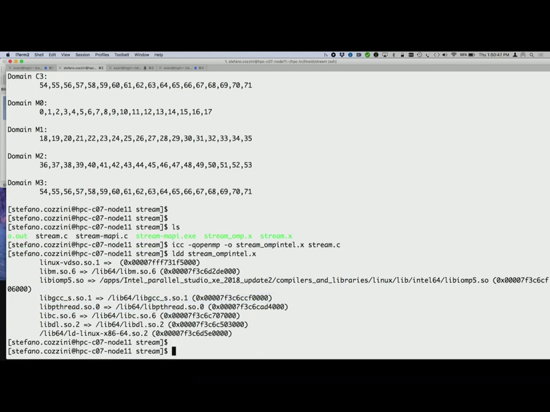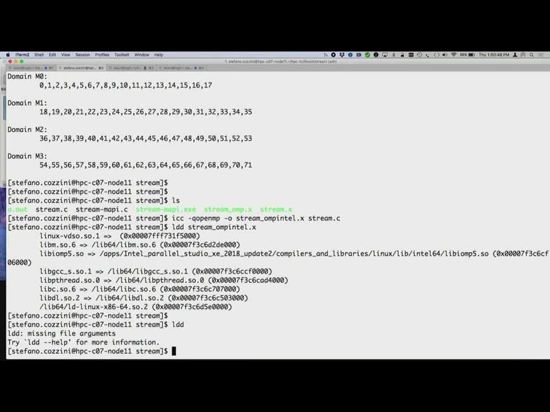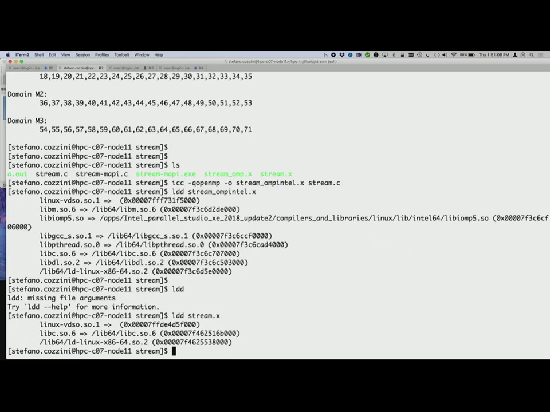Do you know the ldd program that shows the dynamic libraries that your application needs? And so you see that this is an OpenMP program. Otherwise, if you do this on stream, you see the difference. Stream was compiled without the -qopenmp flag, sorry, and so this is a serial program.